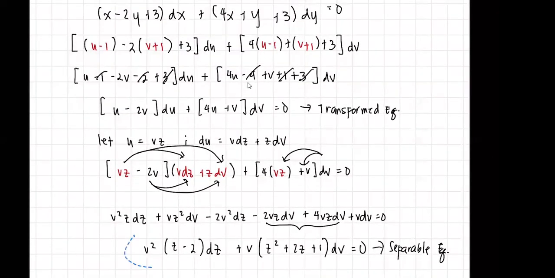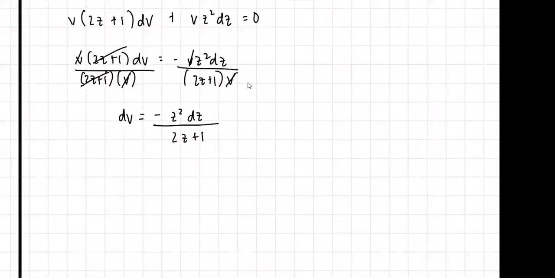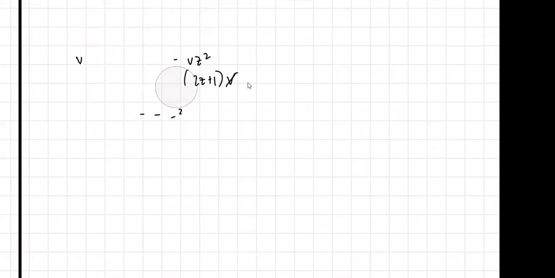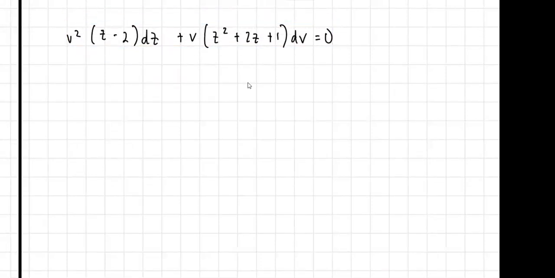Okay? So let's redo what we did earlier. So we have this one. We move it to the other side. So v squared times z minus 2 dz equals negative v times z squared plus 2z plus 1 dv. Okay?